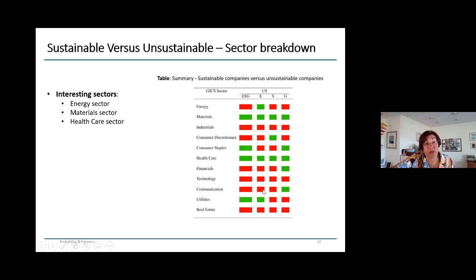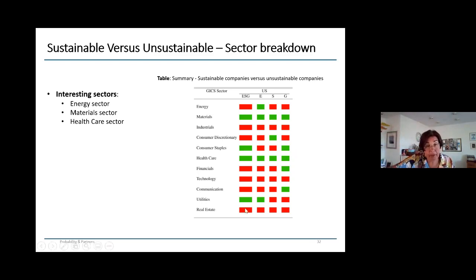And the same holds, for example, for utilities, which is of course very much related to energy. Those utility firms that try to operate in an environmentally friendly way have much less pain at this point in time than those that are not more sustainable.